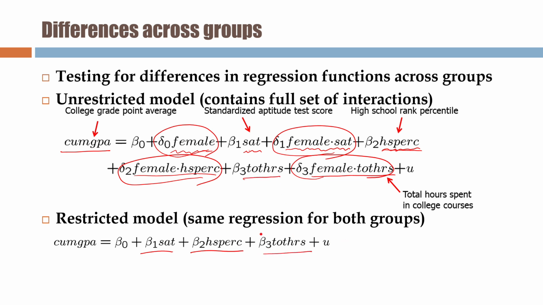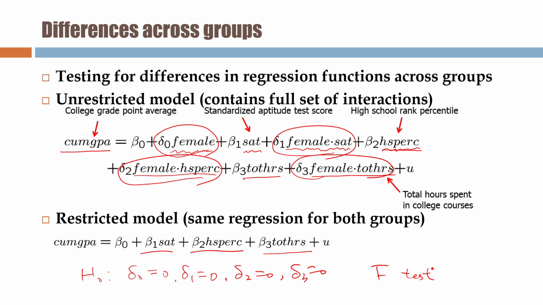This is the restricted model, so you can tell all our null hypothesis will be that this is 0, and this is 0, and this is 0, and this is 0. Then we can test using, remember, the unrestricted model and restricted model, and then we can do the F test.